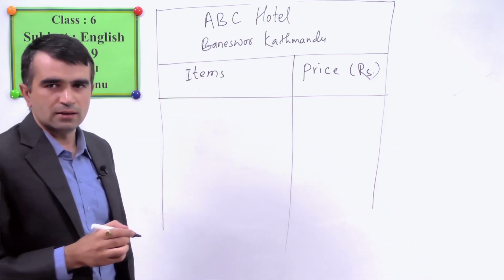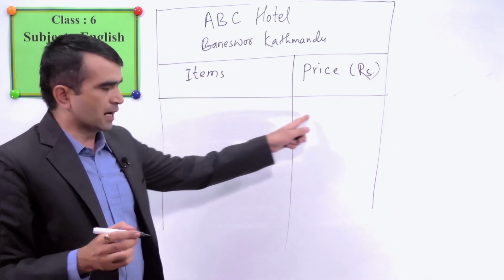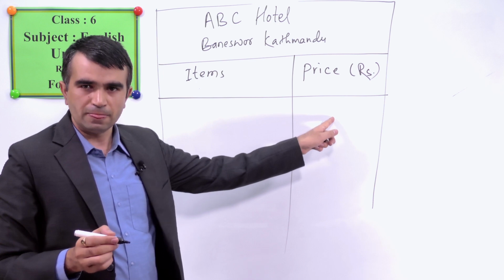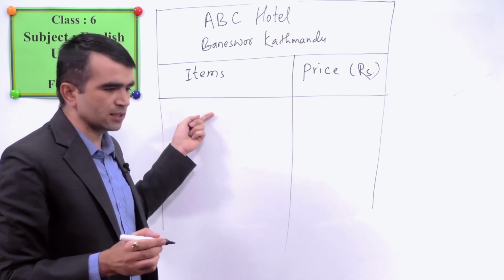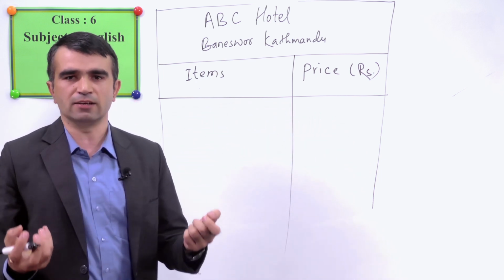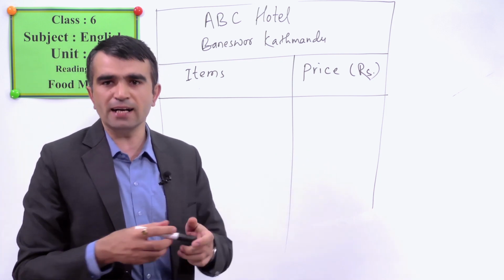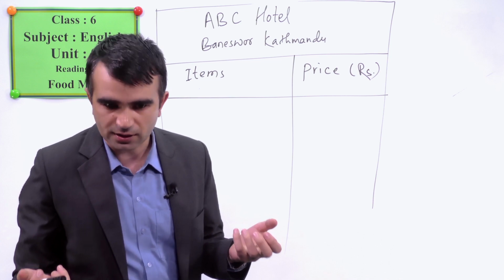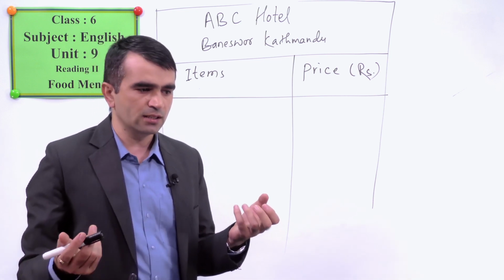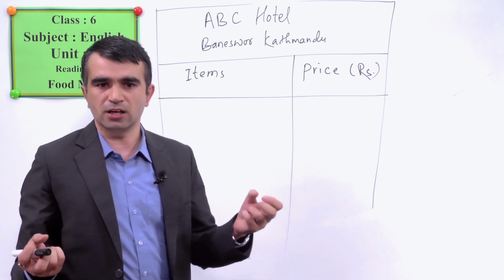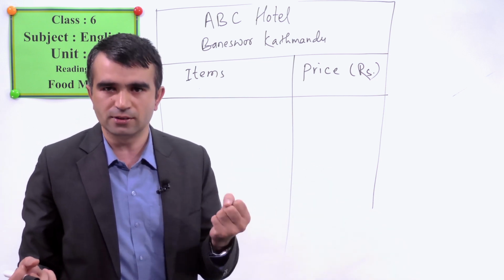Well, now you can start writing items. You can start with milk tea, or whatever items are there in the hotel. It may not be milk tea, but some other items may also be there. Some hotels sell other things, say sweet items.